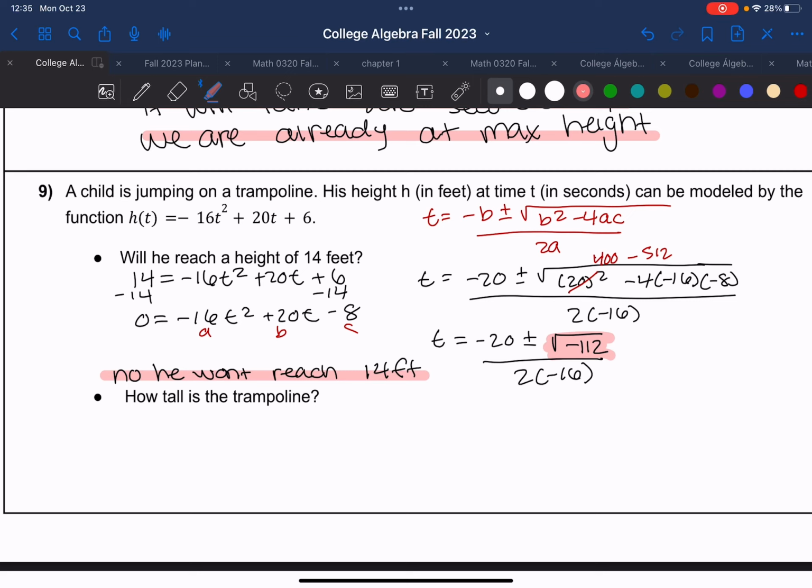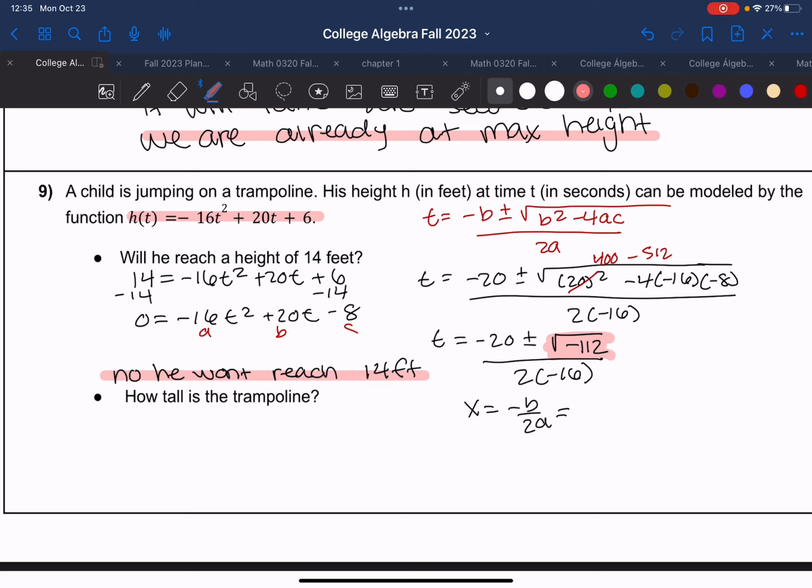Let's see how high he would reach. So if he can't reach 14 feet, let's try to find the maximum height to see how high he could actually jump. We do that by using our vertex formula. So I'm going to have x is equal to negative b over 2a. And again, we're looking back at this original problem now.